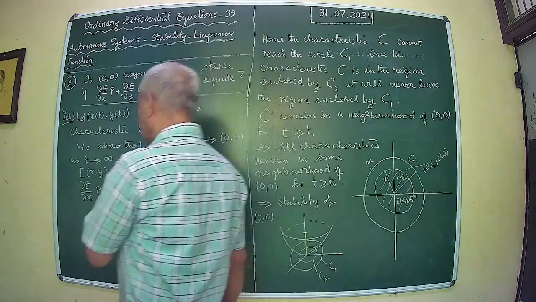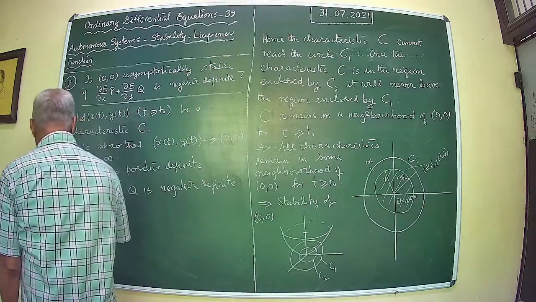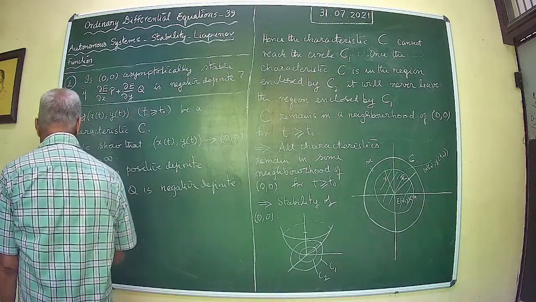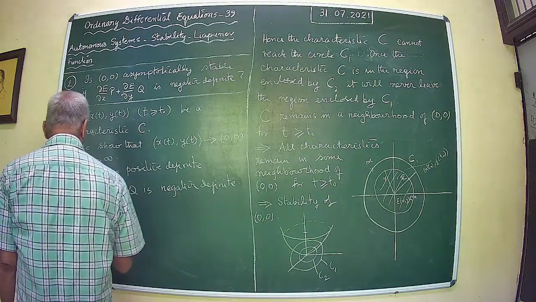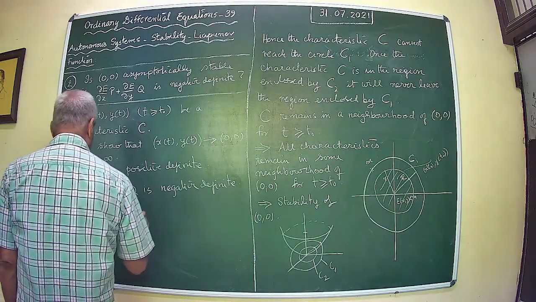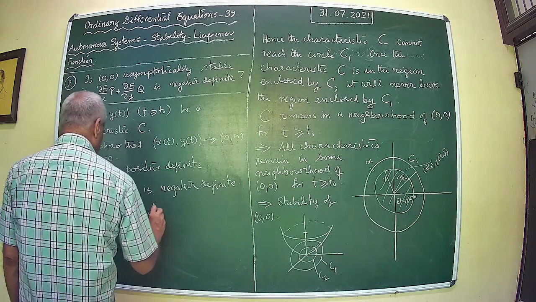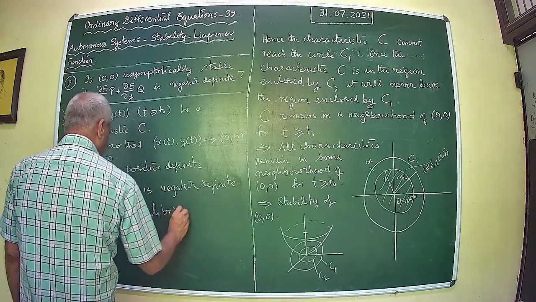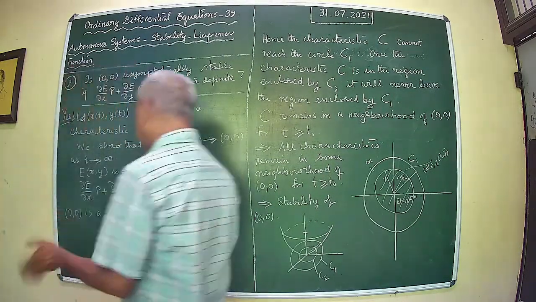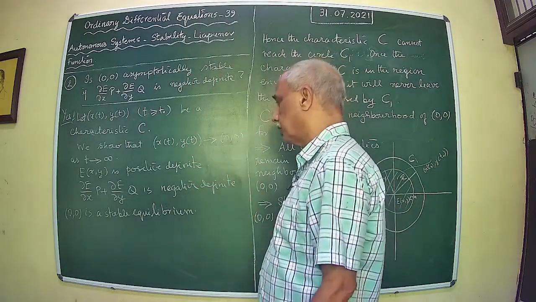Therefore, (0, 0) is a stable equilibrium. The question that you are asking is whether this is true or not.